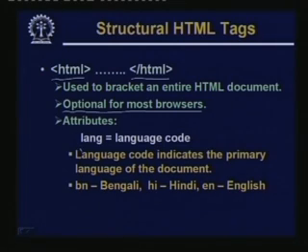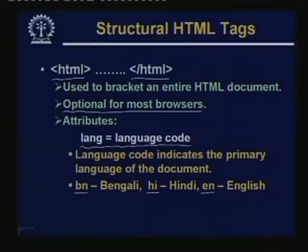Well, in the begin HTML command, you can have some attributes. For example, if it is a multilingual document, where you are specifying the document in a language other than English, then using this lang attribute you can specify the language code. This language code can be any international language, for instance BN will mean Bengali, HI will mean Hindi, and the default EN will mean English.